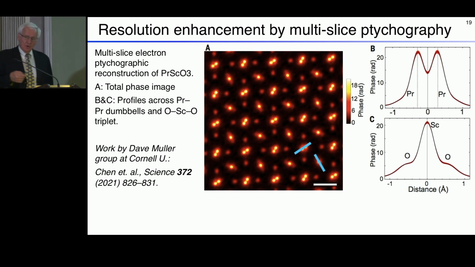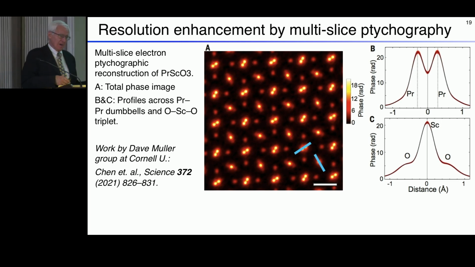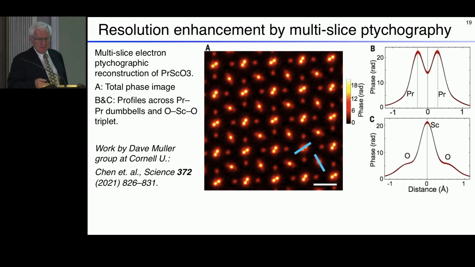And if you want to go further, just like back in Cambridge in 1995, you use the supplementary information in diffraction patterns. So this is some lovely work from Dave Muller's group at Cornell, not taken in a NeoArm microscope. And here we're looking at a fairly complicated structure in praseodymium scandium oxide.